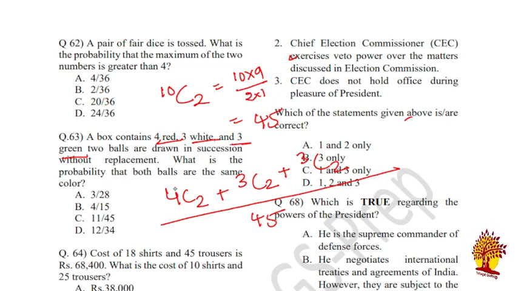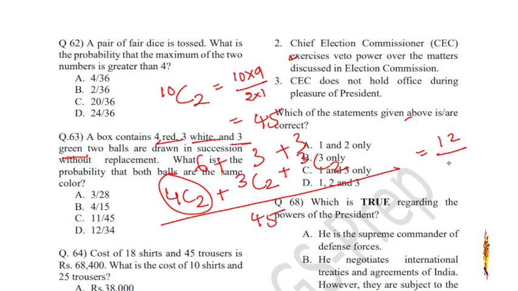Then 4C2 will be 6. 4 into 3 divided by 2 is 6, plus 3C2, 3 into 2 divided by 2 into 1 is 3, then 3 into 2 divided by 2 into 1 is 3. 6 plus 3 plus 3 is 12, 12 divided by 45.